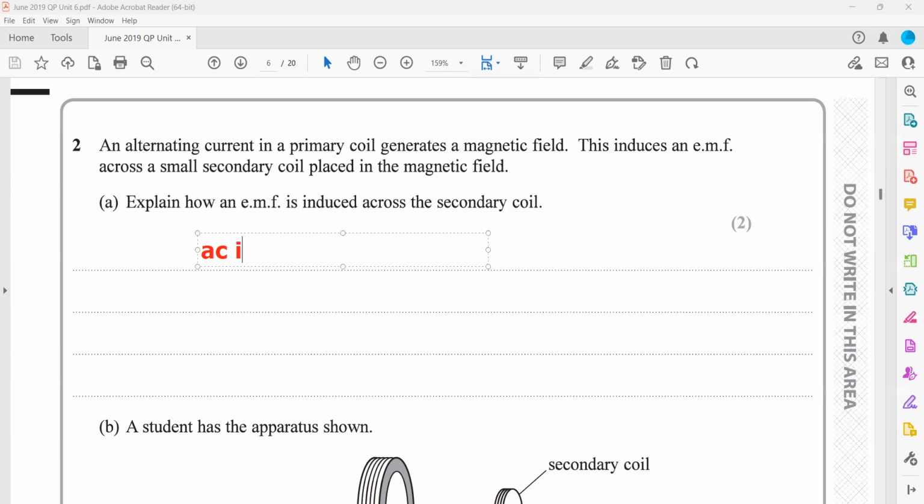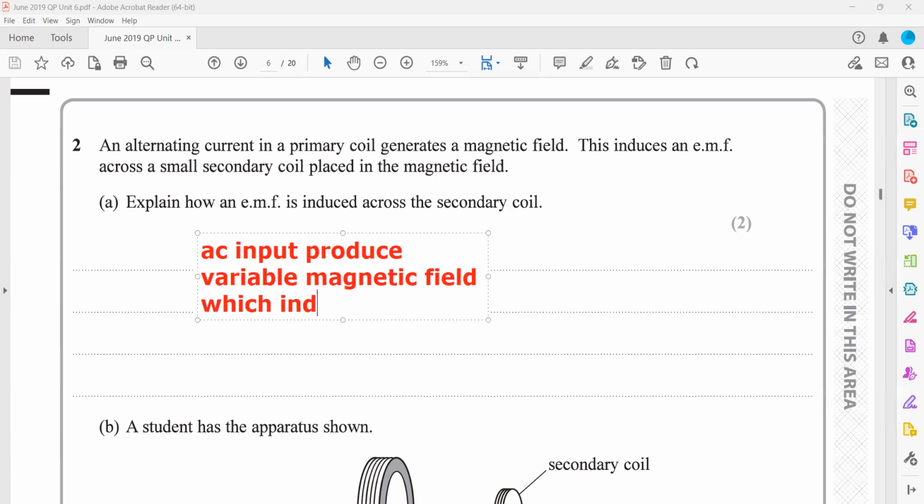So AC input produces a variable magnetic field, which induces EMF in the secondary, or changes the magnetic flux linkage which induces EMF.